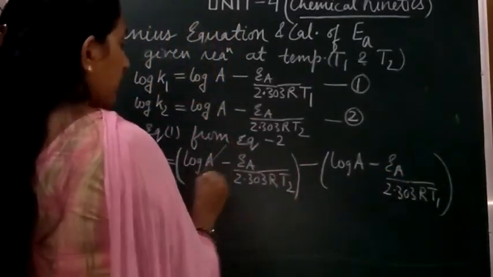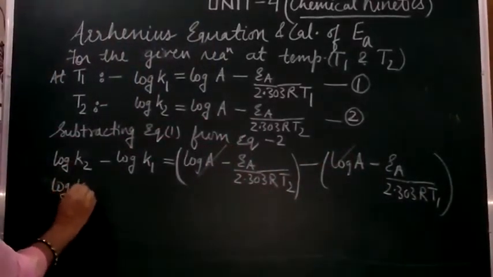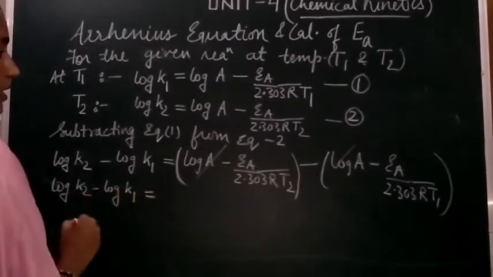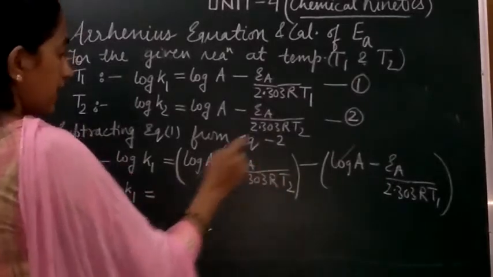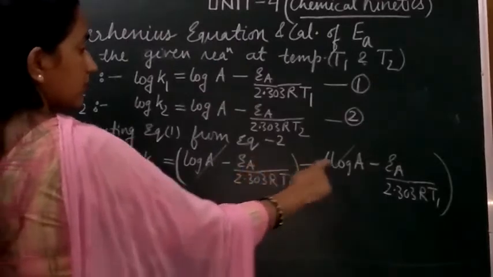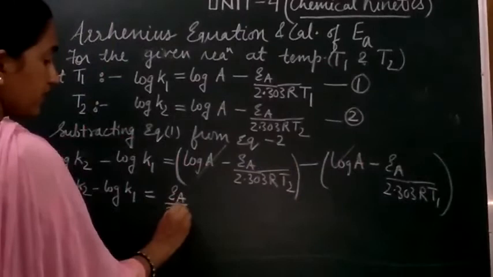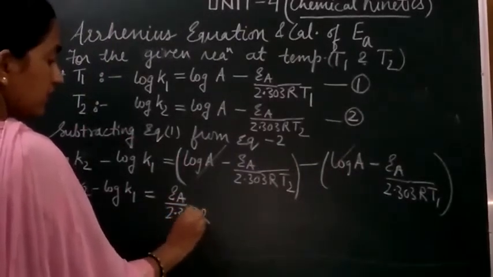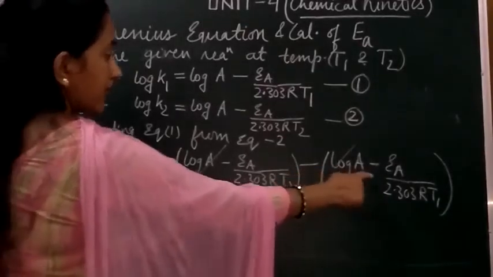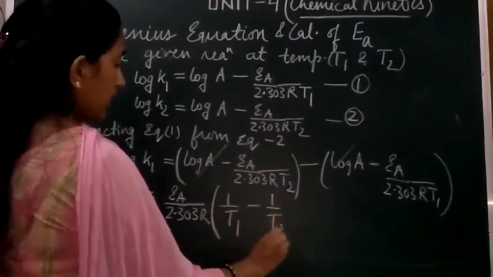Now this log A and log A will cancel out, and what will we get? We will get log k2 minus log k1 equals, here we can say the common factor Ea, and 2.303 and R are also common. So what you will get here, this is plus minus minus plus, it will become 1 upon T1 minus 1 upon T2.